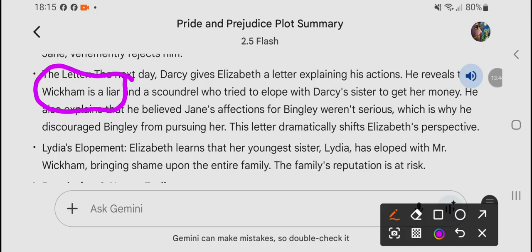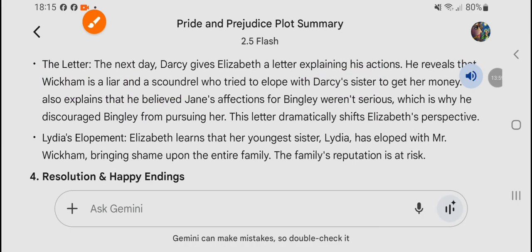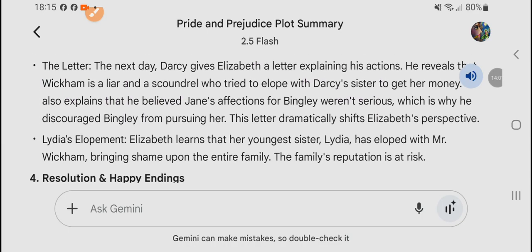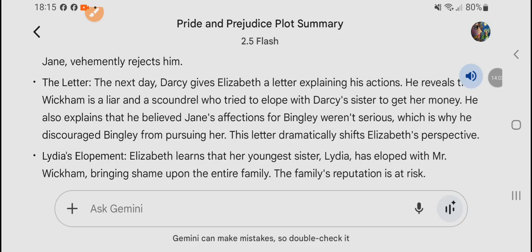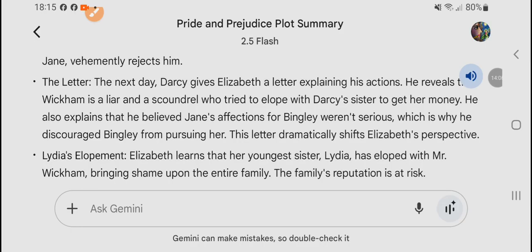And then he says that Wickham is a liar and a scoundrel, a cheater, who tried to elope with Darcy's sister Georgiana. He says that he tried to elope with my real sister Georgiana to get her money.